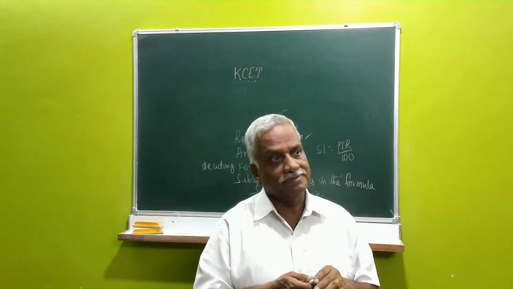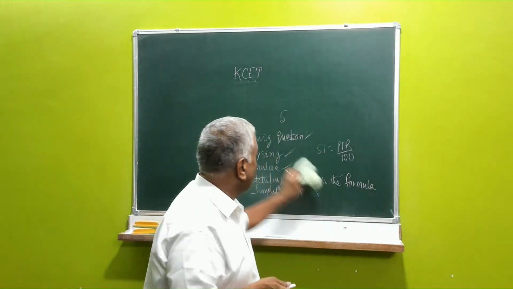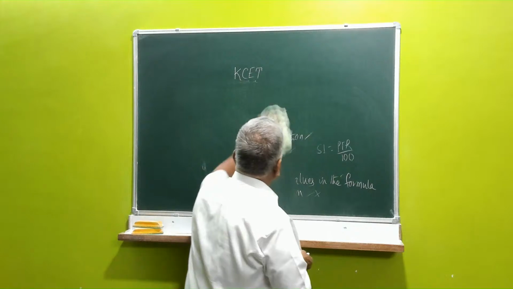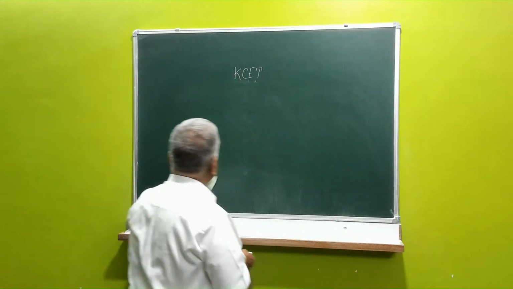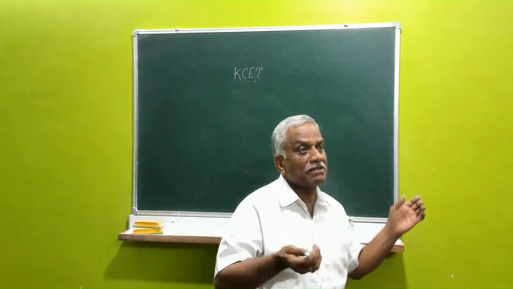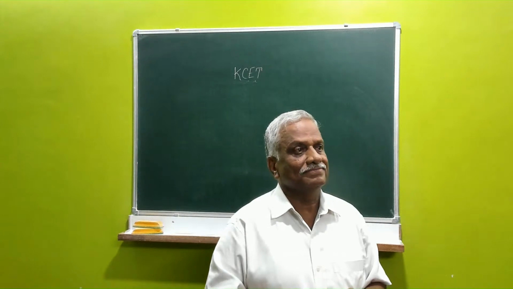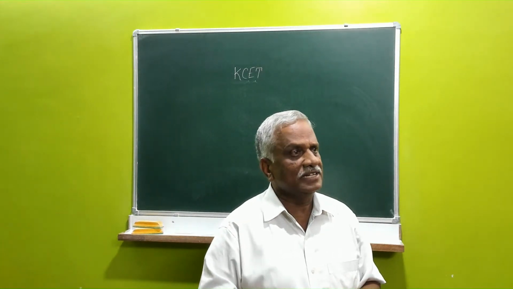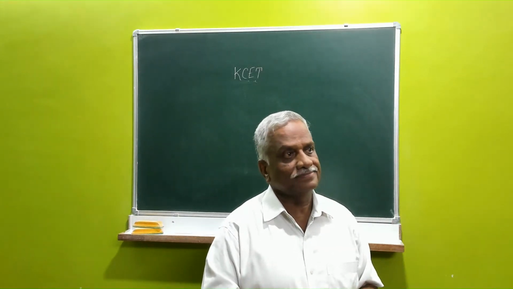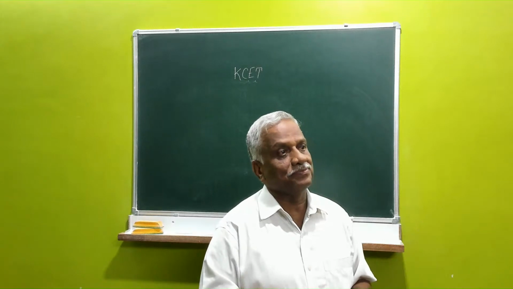This is the first point. So let me come to the second point. What is the second point? Whatever I say is my way of looking at things, and this is how I look at things. I'm only suggesting.